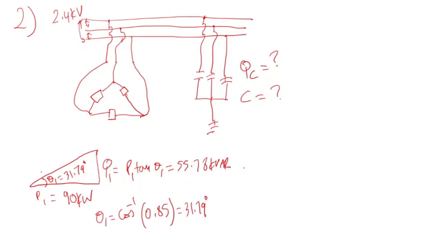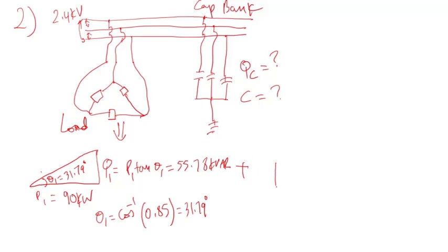So this triangle here is corresponding to the load. So this is the load that is given, and this is the cap bank that I'm trying to figure out the rating for. Since they're connected in parallel, I add them.